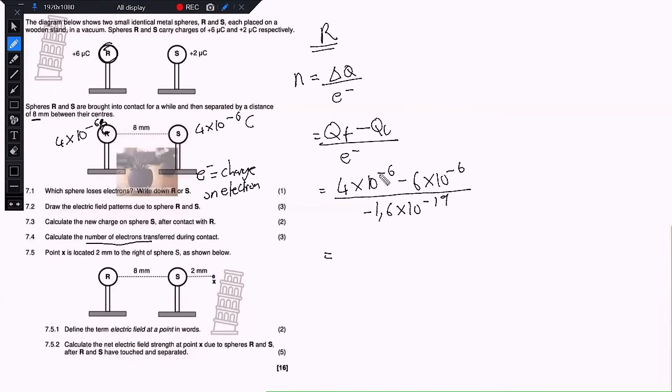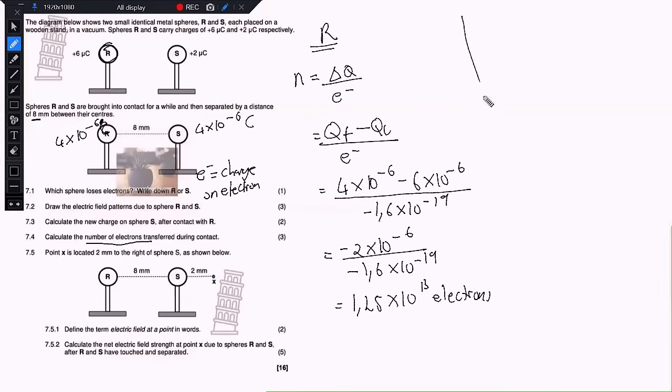So when I punch that, up here I'm supposed to have negative 2 times 10 to the exponent of negative 6 over negative 1.6 times 10 to the exponent of negative 19. So the n here should always be a positive integer. So this will give me 1.25 times 10 to the exponent of 13. Then I'm supposed to say electrons.